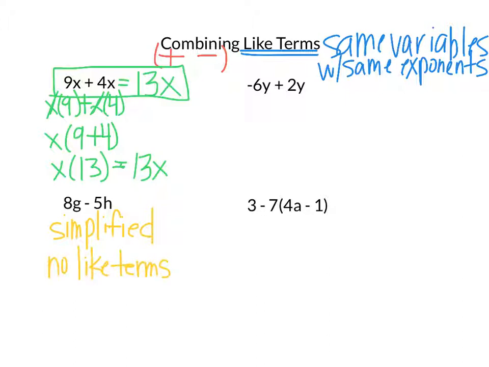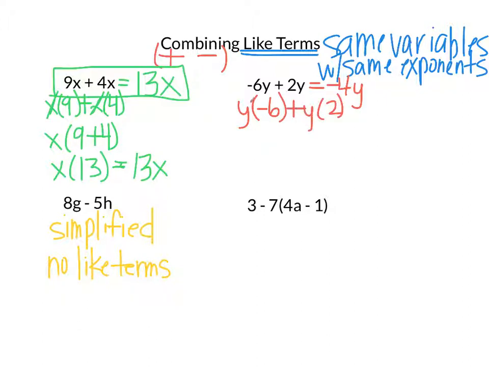Alright then, let's go ahead and look at the negative 6y plus 2y. Now again, using logic, we can say, well, a negative 6y plus 2y is a negative 4y, and you'd be right, but let's look at y. Let's factor out y. Y times negative 6 plus y times 2.